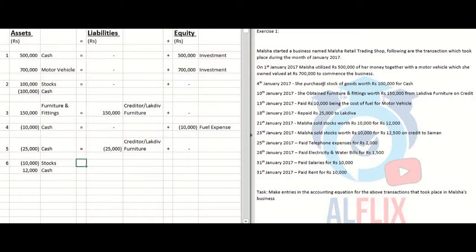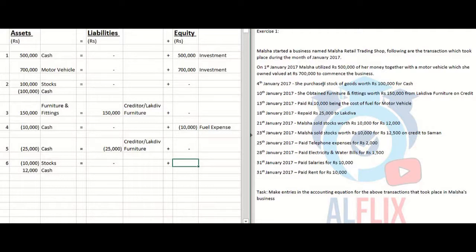So this will be equal to nil value in liabilities as there are no obligations created, plus on this sale Malsha Trading makes a profit of rupees 2,000.